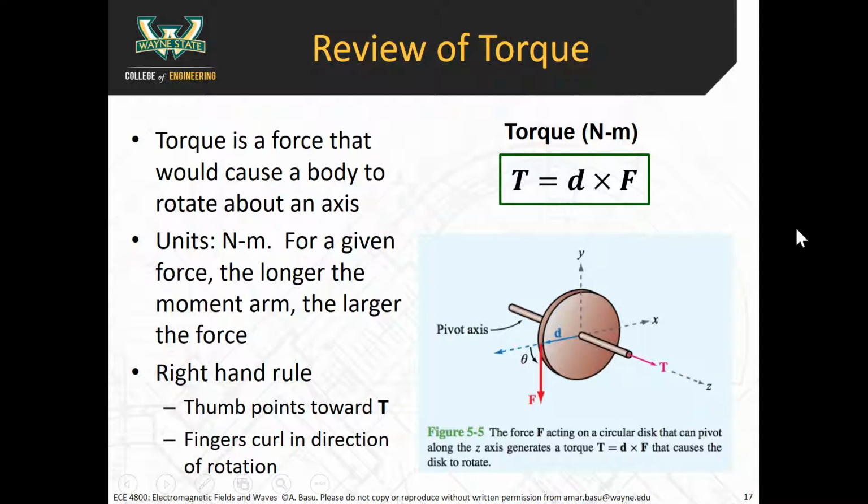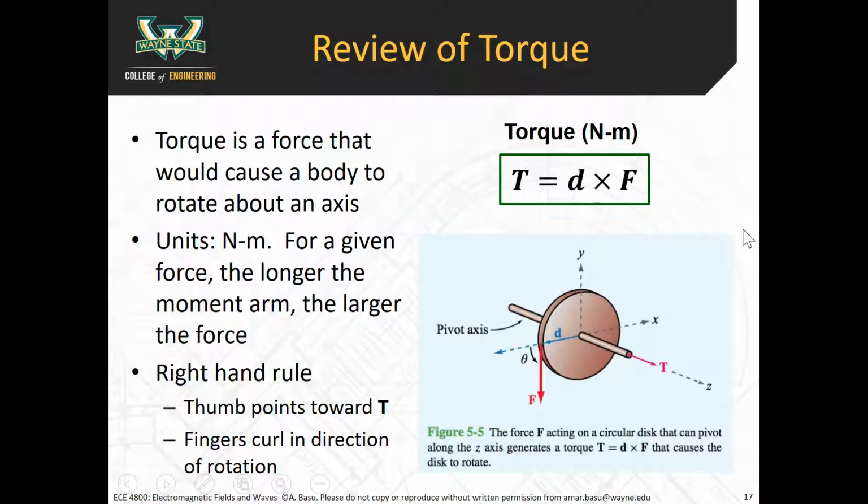So the direction of F is not changing, but what's changing is D because the loop is rotating, so the moment arm is rotating, so D is changing its angle, but F is still in just the Z hat direction. So the direction here is fixed, but the direction of D is changing.